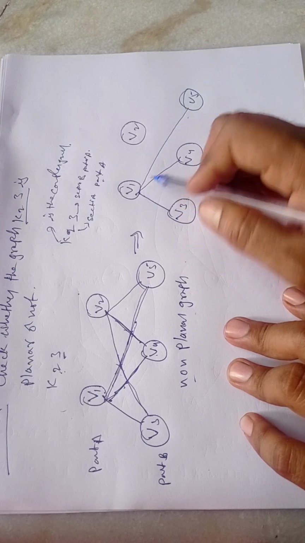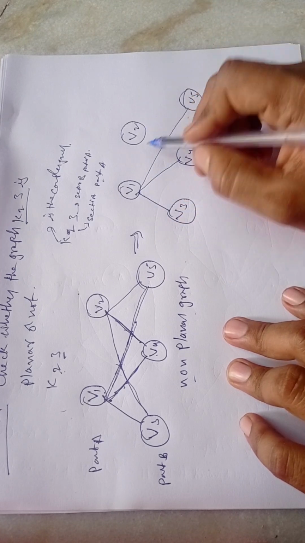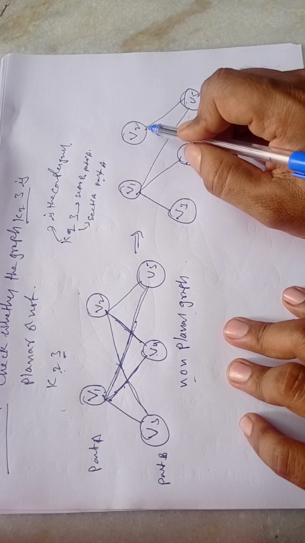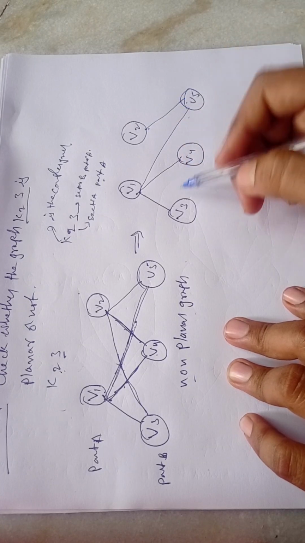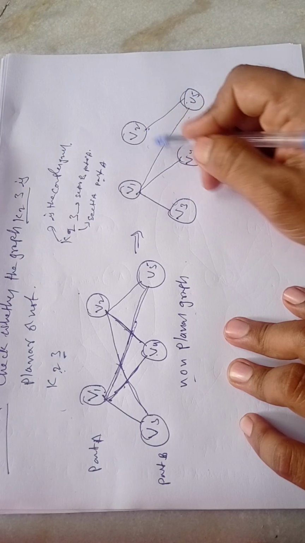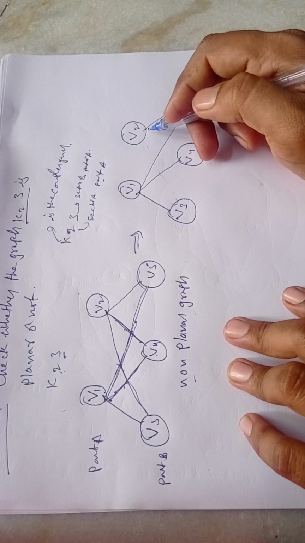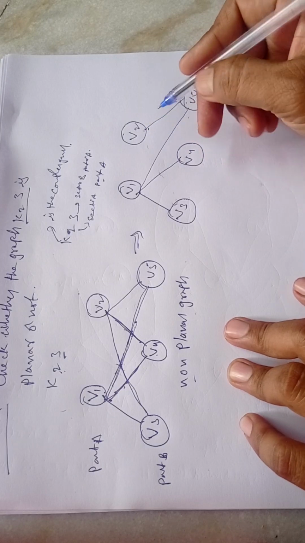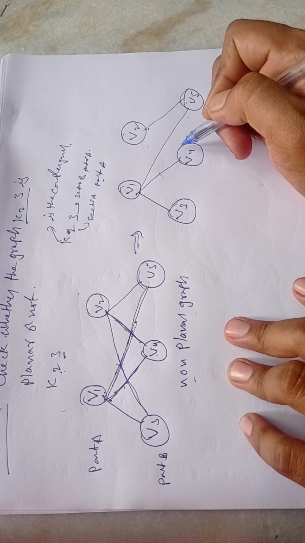Then V2 to V5 is correct, but V2 to V3 is a crossing edge, and V2 to V4 is also a crossing edge. So that's why we draw another way.